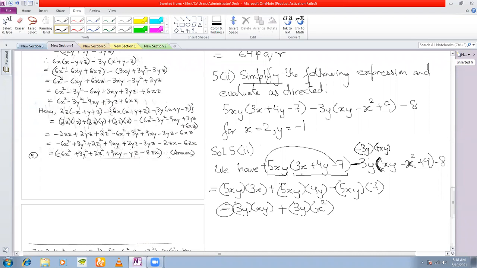You can think in this manner also. Next, this minus will combine with this minus to give you a plus sign, to have 3y into x square. Next, this minus sign will combine with this plus sign to give you a minus sign, to give you a 3y.